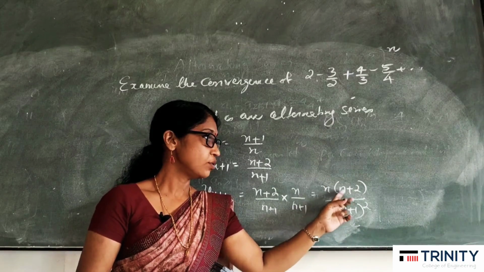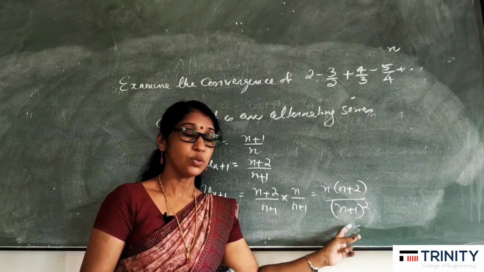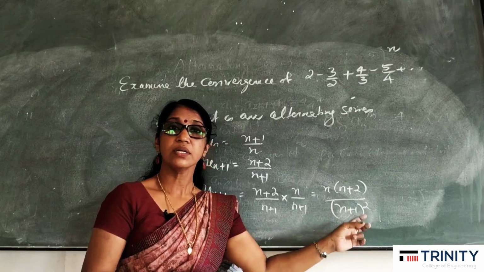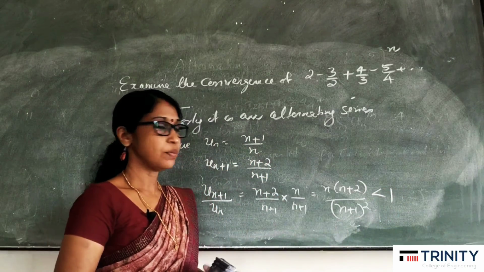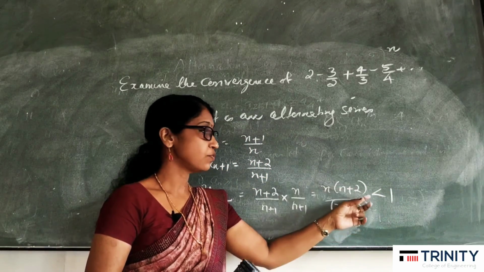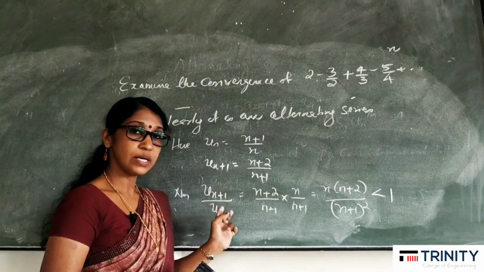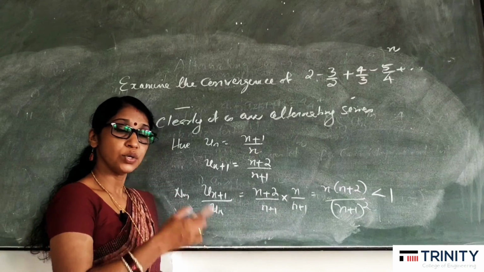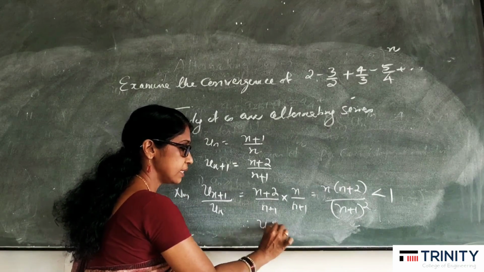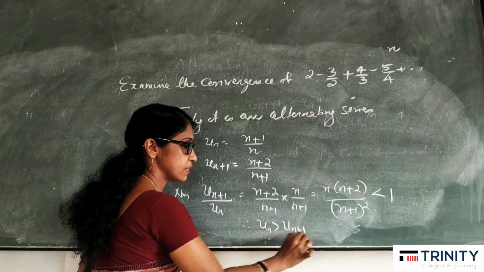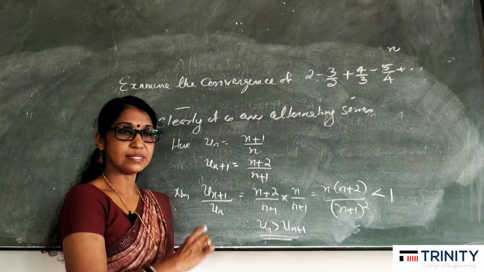So we get a ratio which is less than 1. So u_(n+1)/u_n less than 1 means that u_n is greater than u_(n+1). Therefore the first condition of the Leibniz test is satisfied.